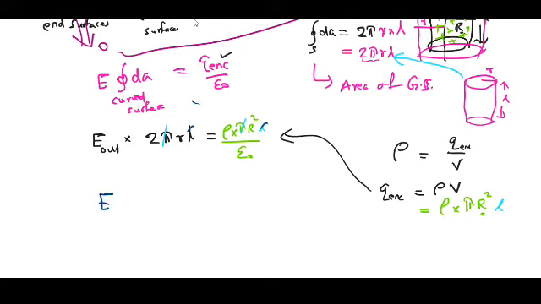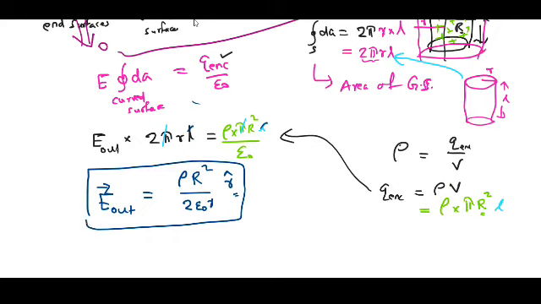Then the electric field outside the uniformly charged solid cylinder is equal to rho R square divided by 2 epsilon 0 r. The electric field is radially outward, therefore we have used the unit vector r.